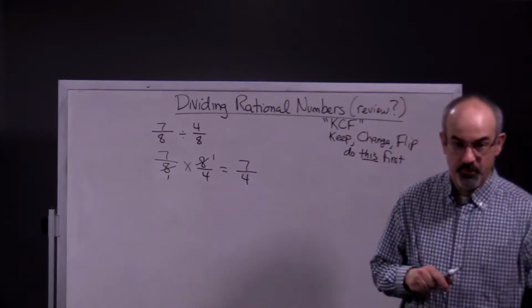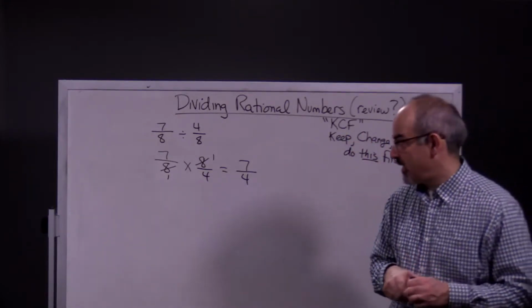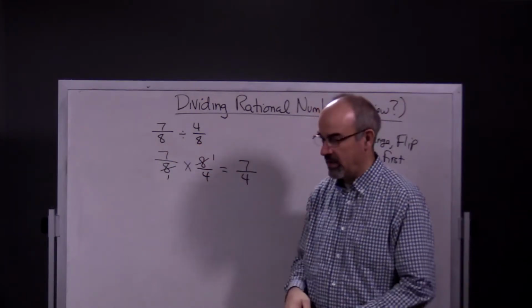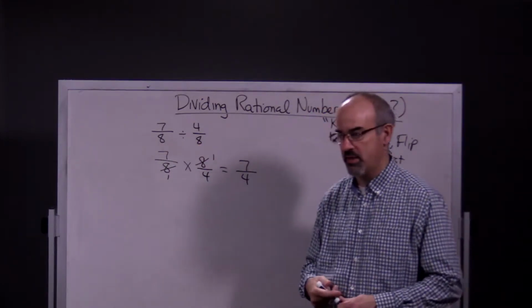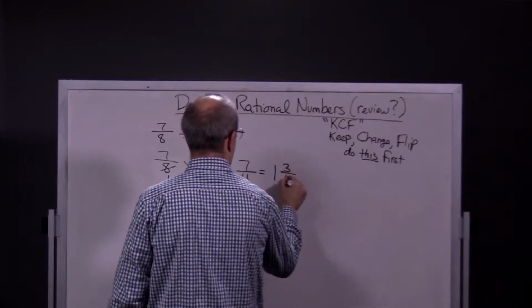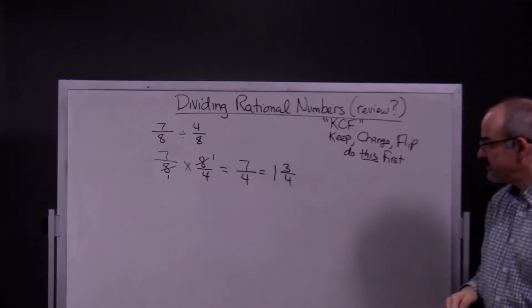You can check that on your calculator too. You could do 7 over 8 divided by 4 over 8, and I believe you get 1.75, which is exactly what this is. 1 3/4.